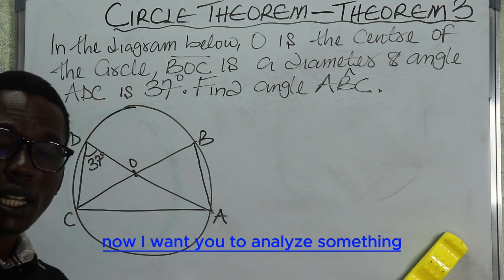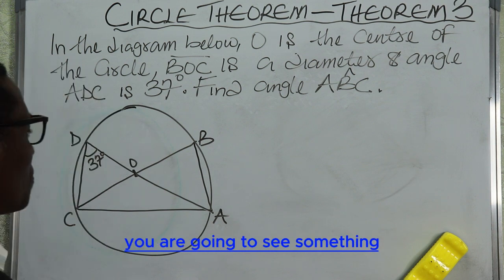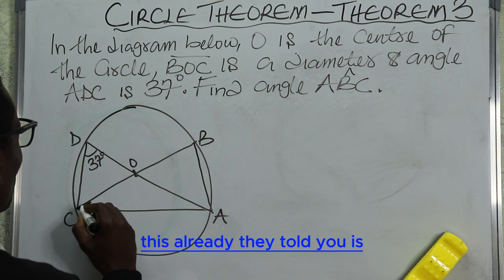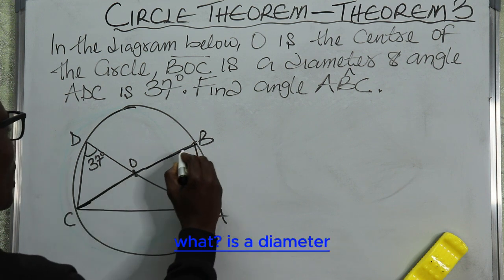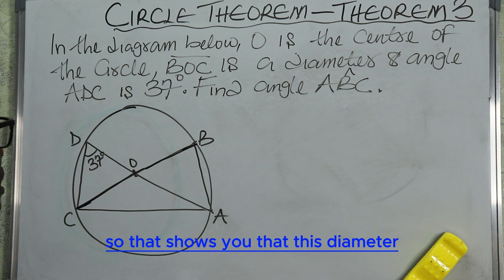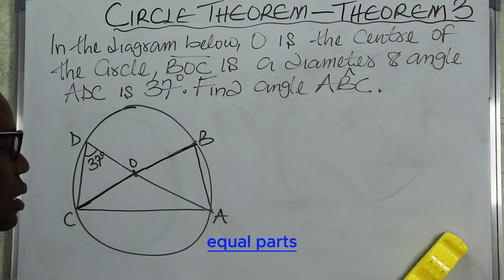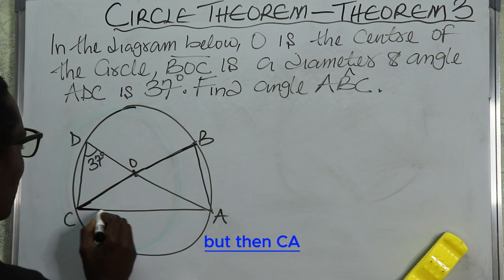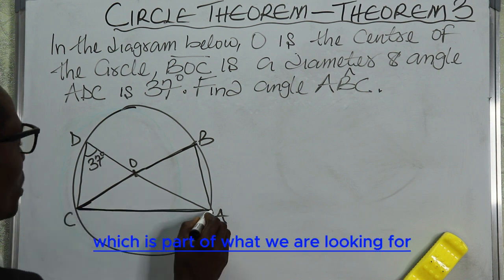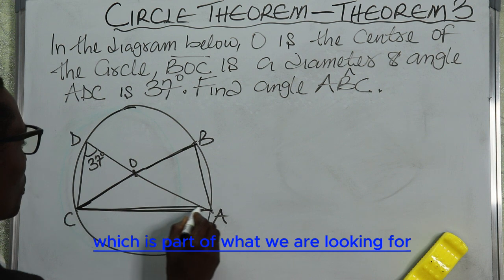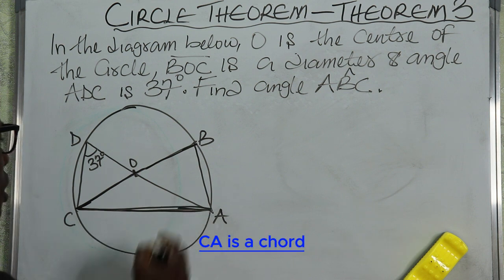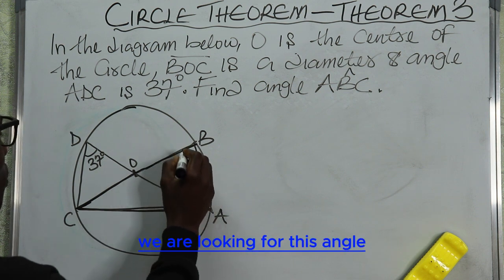Now I want you to analyze something. You are going to see something. This already they told you is a diameter. So that shows you that this diameter divides this angle into two equal parts. But then CA, which is part of what we are looking for, CA is a chord. We are looking for this angle.